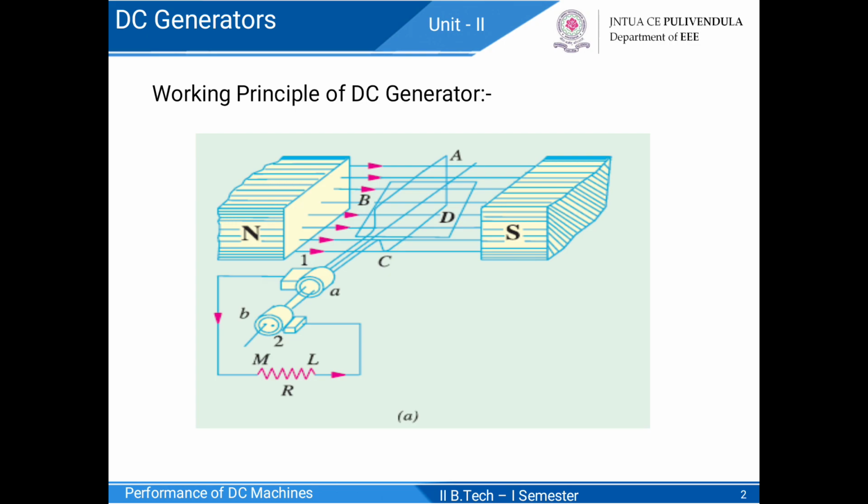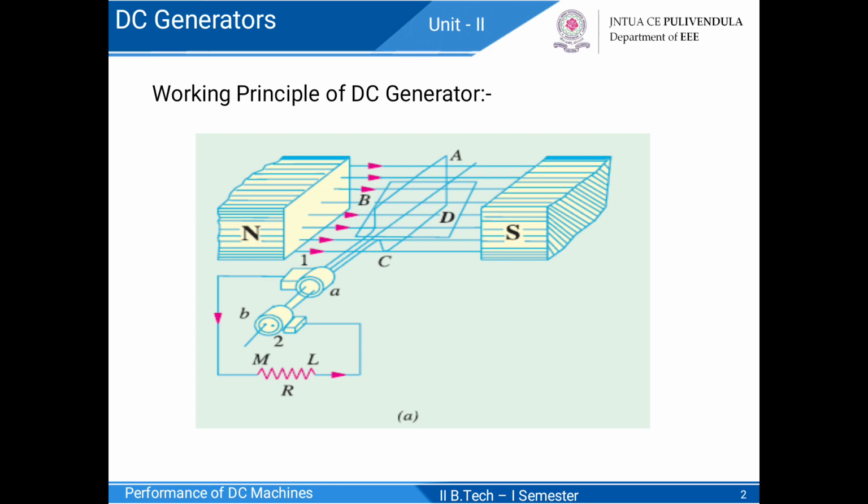To discuss the working principle of a DC generator, here I am considering a simple coil ABCD. A simple coil of wire ABCD is mounted on a shaft between two magnetic poles.